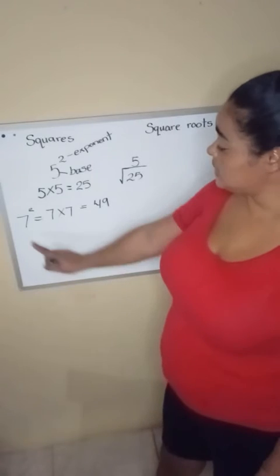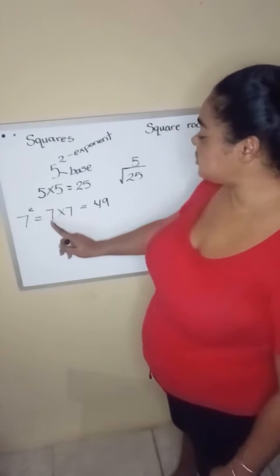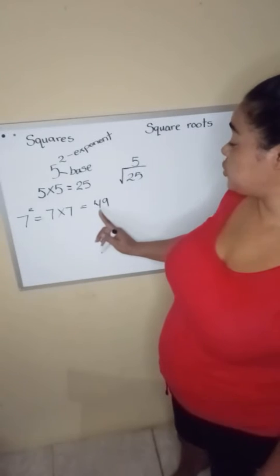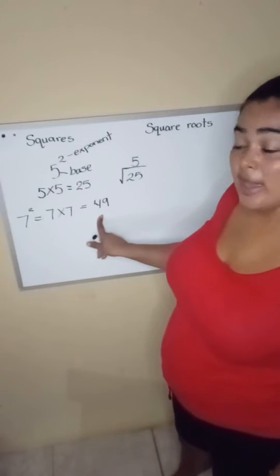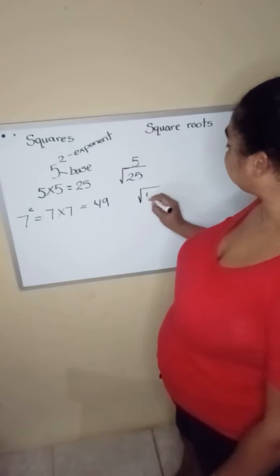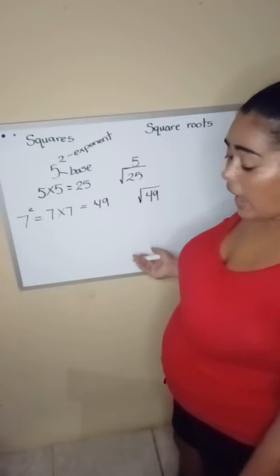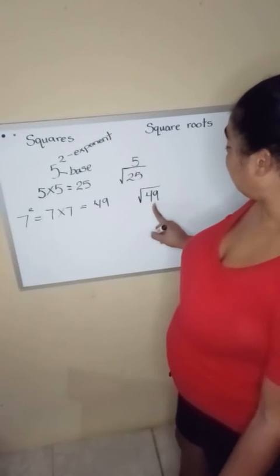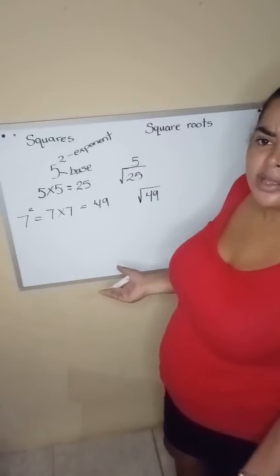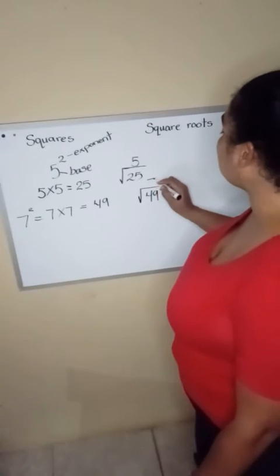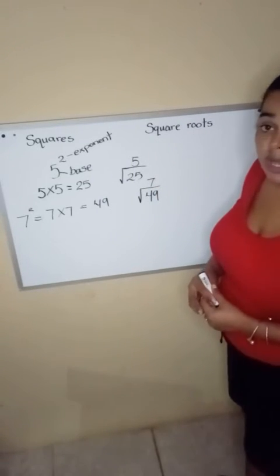Alright? 7 squared is equal to 7 times 7, which will give you 49. Now, if you see something like this, and you must provide a square root for this number, what will it be? It will be the same 7, because 7 times 7 is equal to 49.